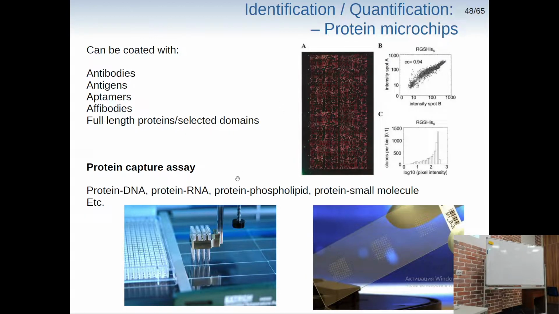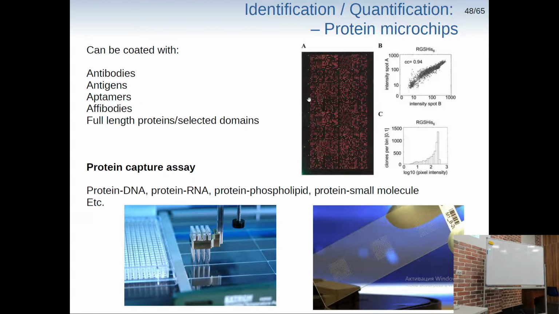Every dot is a point where we deposited our solution, and if we do some kind of protein capture and detection, every dot here has some intensity, and this intensity after calibration, just like with ELISA, can be counted as a copy number of the protein or the concentration of this protein. Of course, copy number is not actually feasible. We cannot detect really small concentrations, but let's say the concentration of a protein in your sample, right?